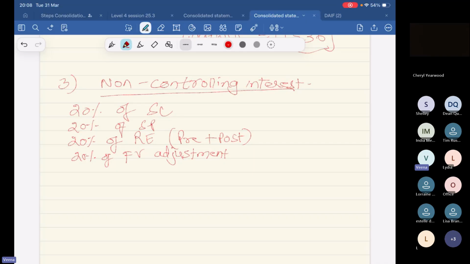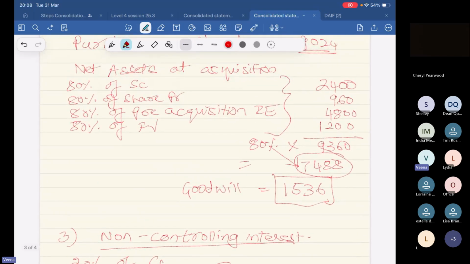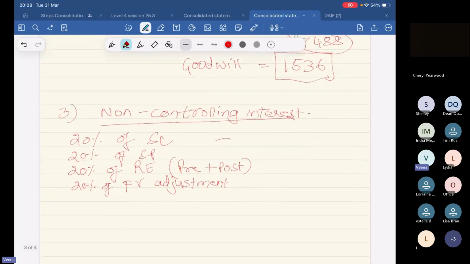Okay, so 20% of share capital, fine. I'm going to just use whatever is the number here, 2,400 and 960, and calculate 20% of that straight away. So 20% of 2,400 makes it 480. 20% of share premium, which is 20% of 960, gives me 192.